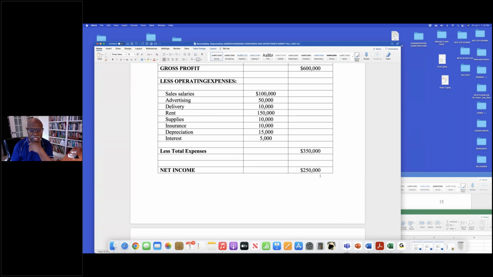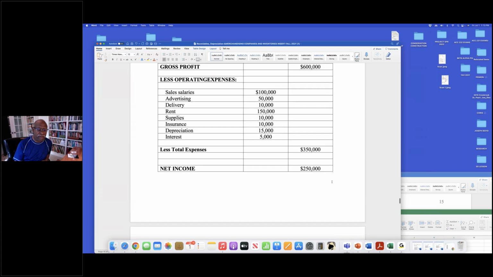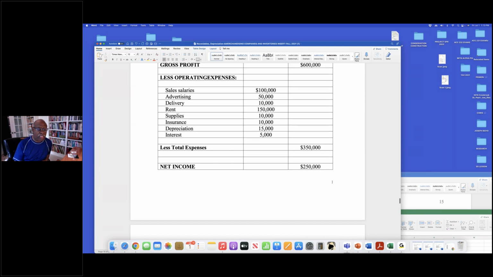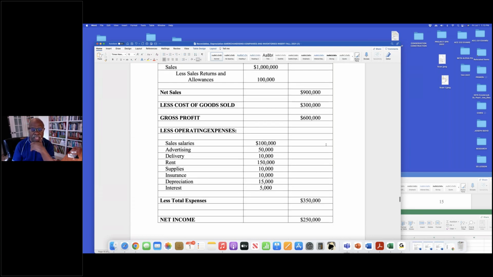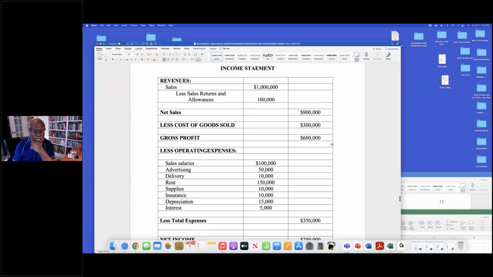We would debit income summary for 250, credit retained earnings for 250. So just think about that. Now on the spreadsheet, you see it more, but you should be able to begin to look at it abstractly and say, okay, this is how these closing entries are going to look.